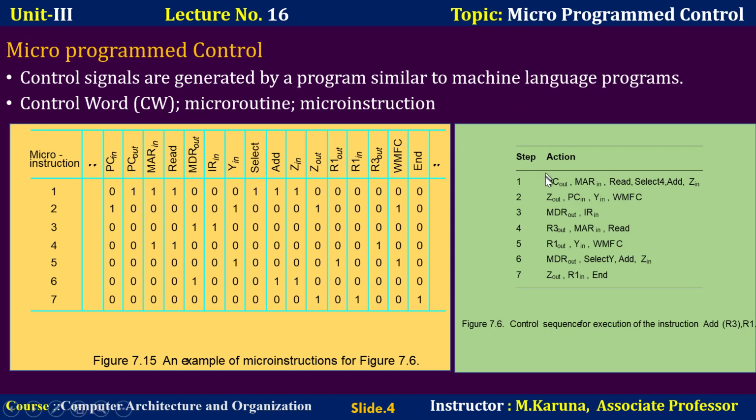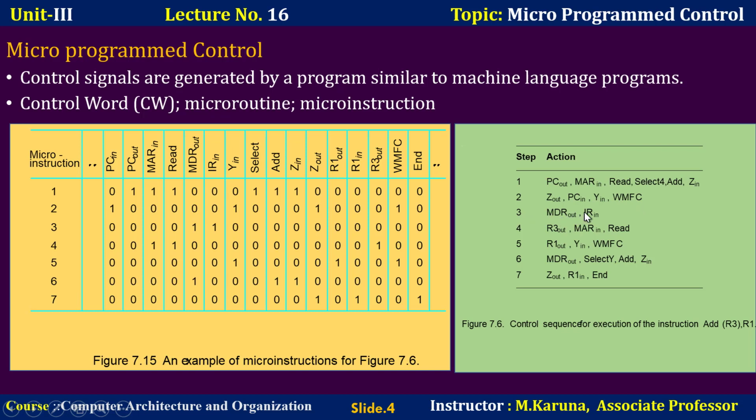The add instruction is a macro instruction. To perform it, these steps are required. In the first step, the actions performed are: PC out, MAR in, read signal, select for add, Z in. Next step: Z out, PC in, Y in, wait for the memory function complete signal.